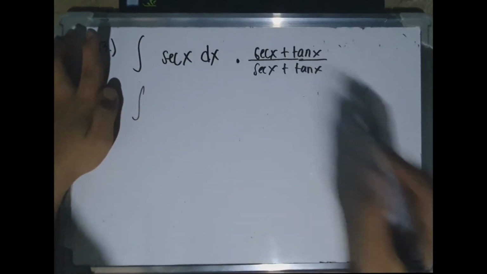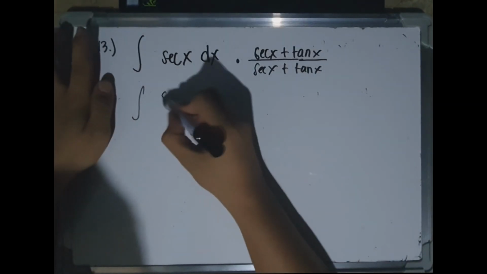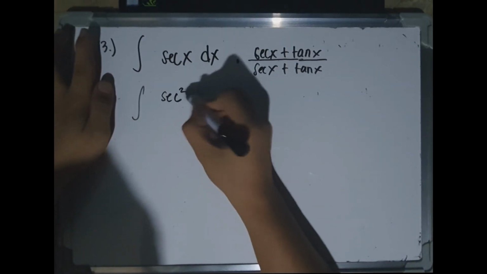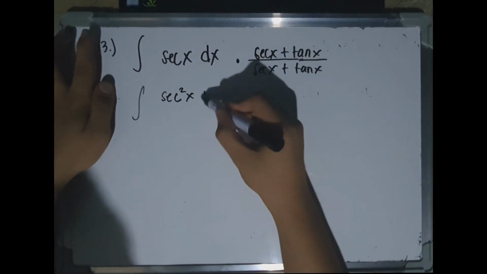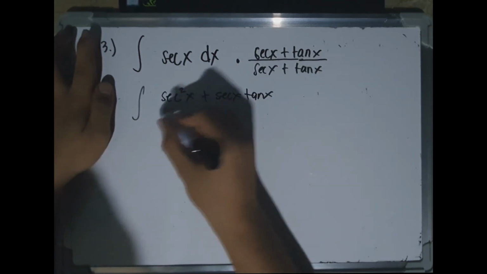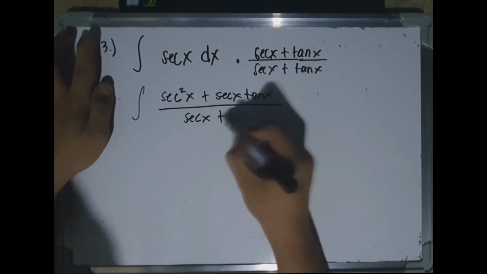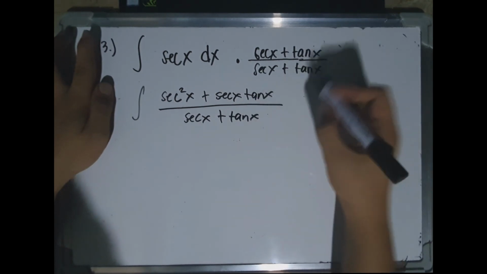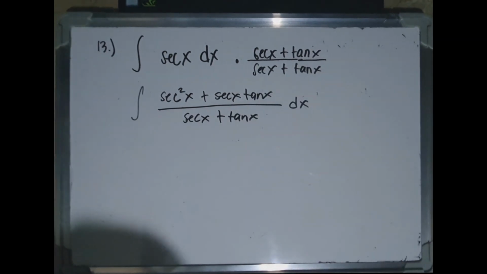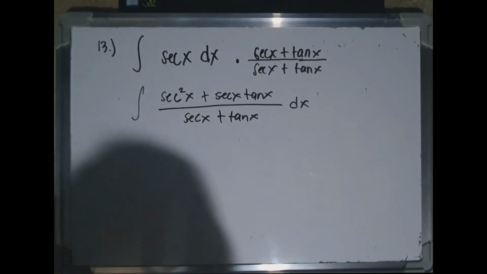Okay, so we will be having secant squared x plus secant x tangent x all over secant x plus tangent x, and this is dx. Now notice this is similar to correcting our algebraic term.